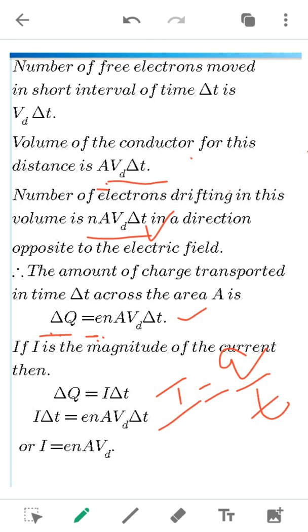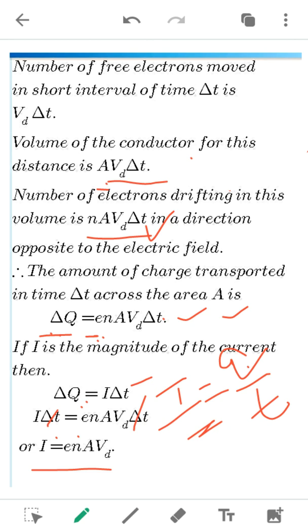So for delta Q we will substitute I delta t in this equation. Substituting I delta t and again taking this relation e n A Vd delta t, delta t gets cancelled here. So what we have is I equals e n A Vd.